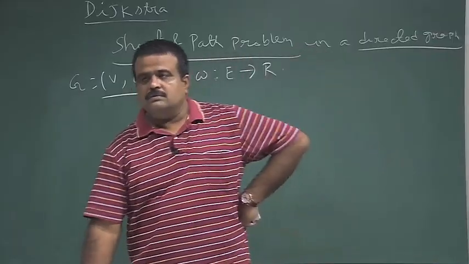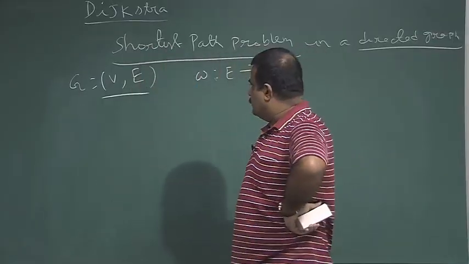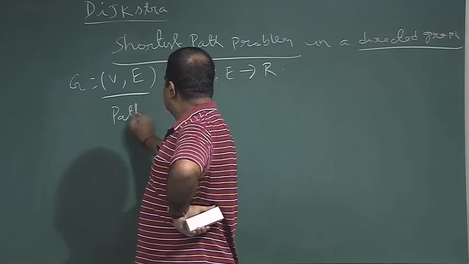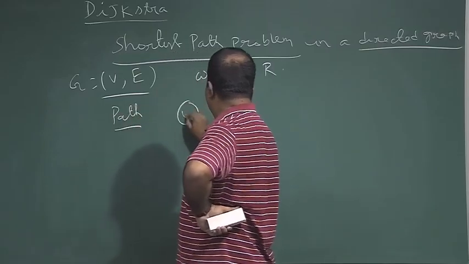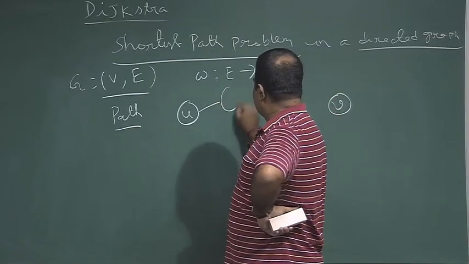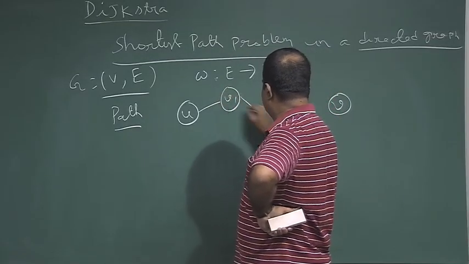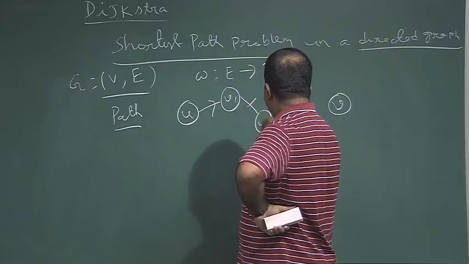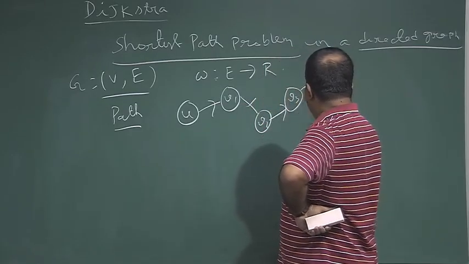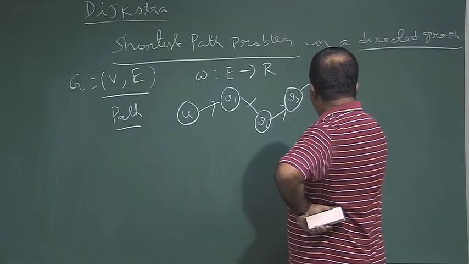Now, what do we mean by a path of a graph? How do we define a path? Suppose we have two nodes u and v, and some intermediate nodes, say v1, v2, v3, dot dot dot, vk.